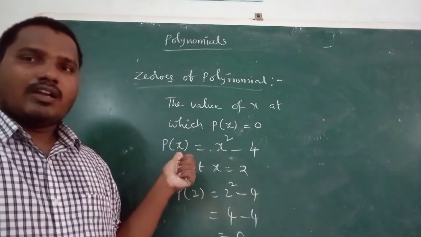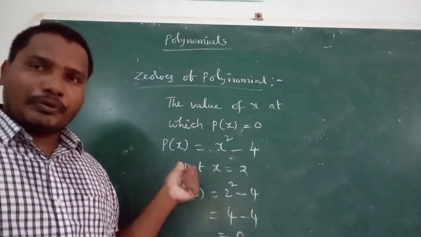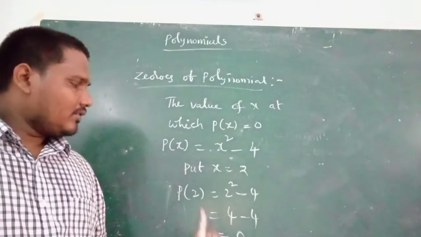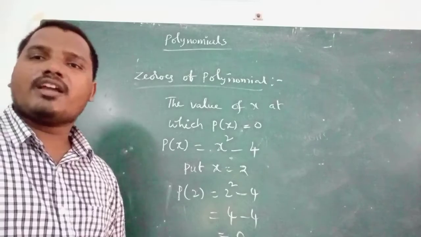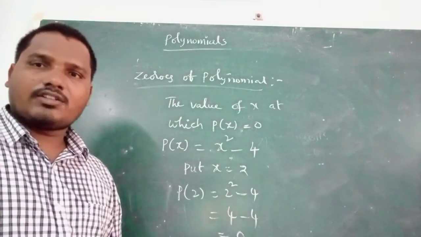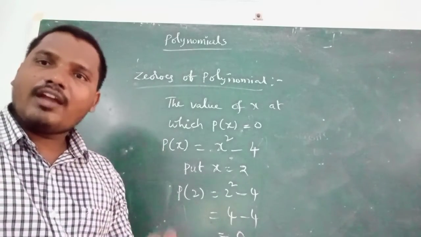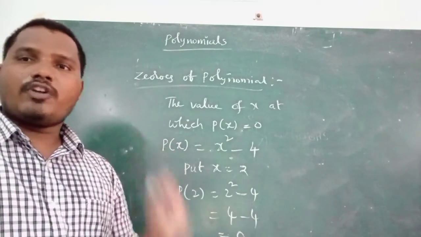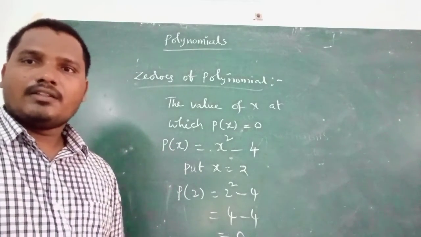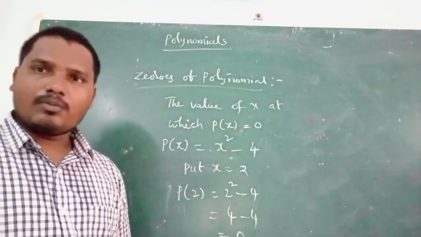If you put 2 in place of x, the polynomial becomes 0. Then that is called a zero of a polynomial.